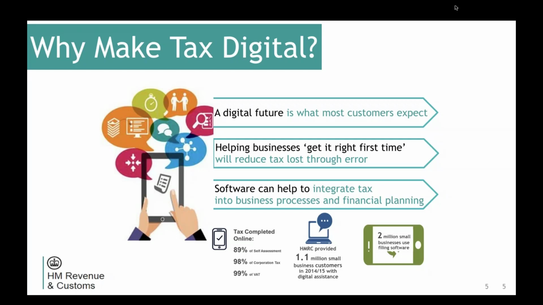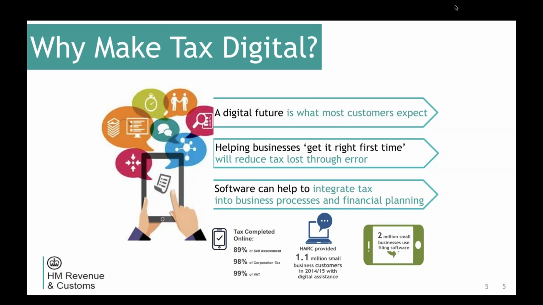Along with that, Making Tax Digital is really seen as a key driver to reducing error for HMRC, and error accounts for a large proportion of the tax gap that we already have. I think the latest figures I have on the tax gap show it stands at 9.4 billion now.